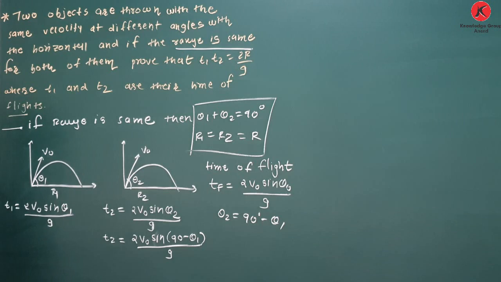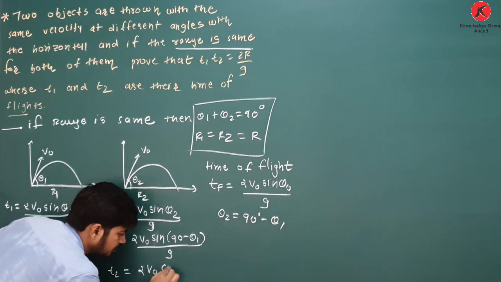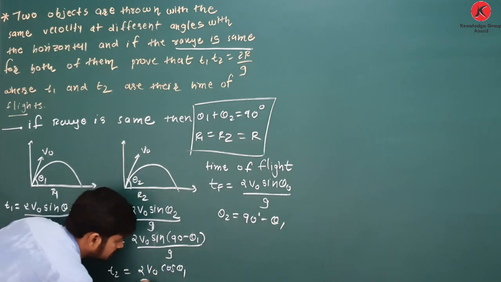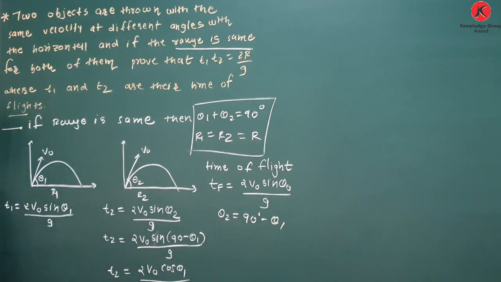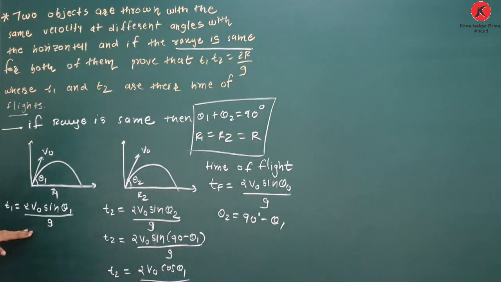Now students, you know the result: sin(90 minus theta) means cos theta. So T2 is equal to 2 V0 cos theta 1 upon g. Clear about this? So if you are given T1 T2 is equal to 2R upon g, first find T1, then find T2.